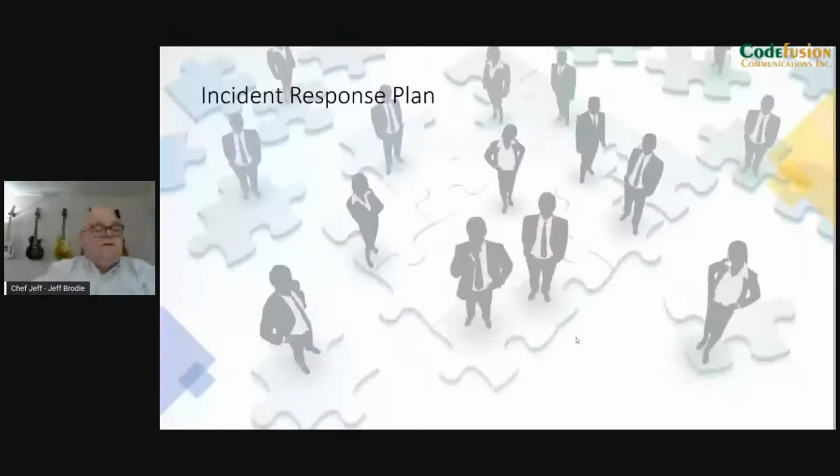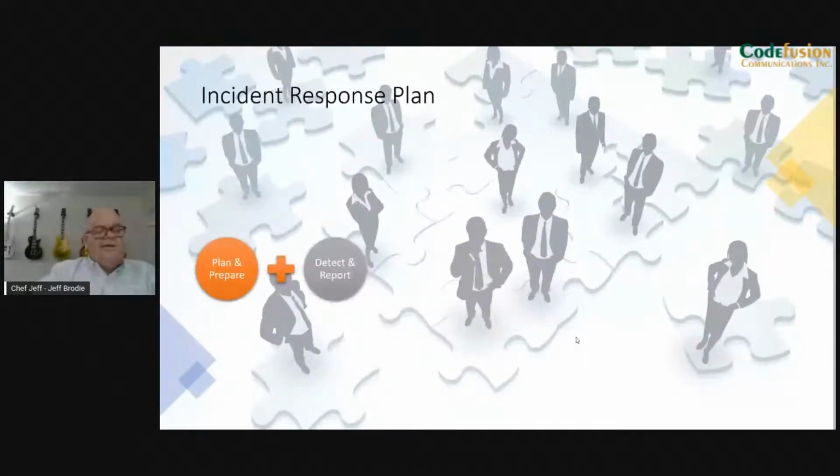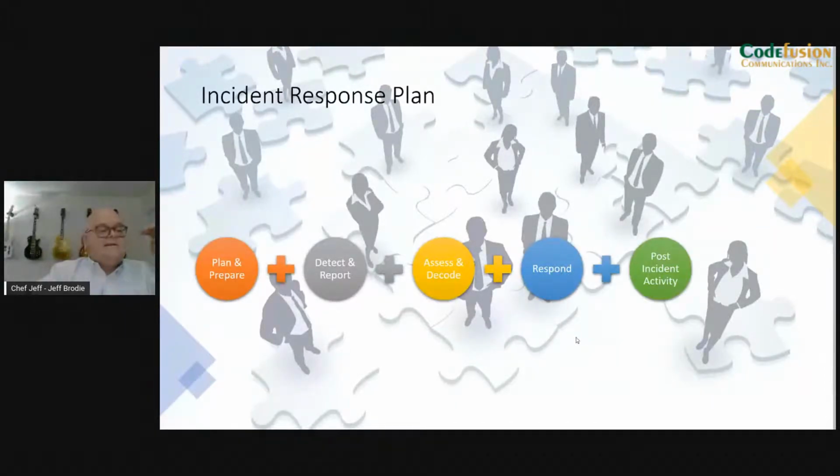So an incident response plan, this kind of ties into our insider threats, is that we plan and we prepare, we detect and we report, we assess and we decode, we respond, and then after the fact, we want to have a post-mortem to determine what have we learned.